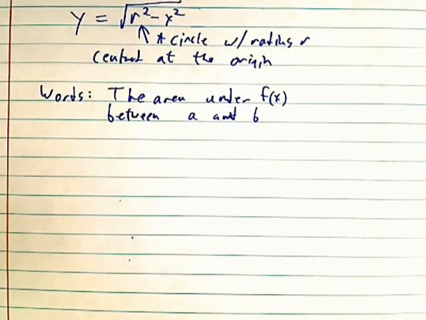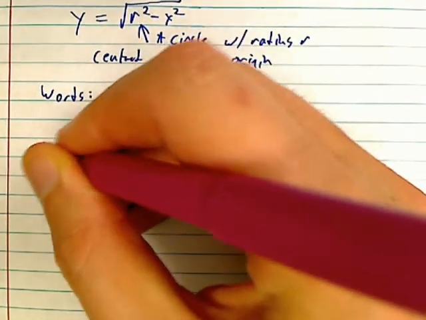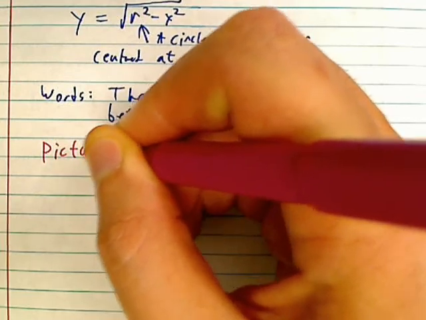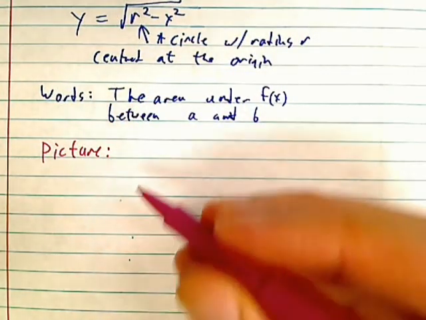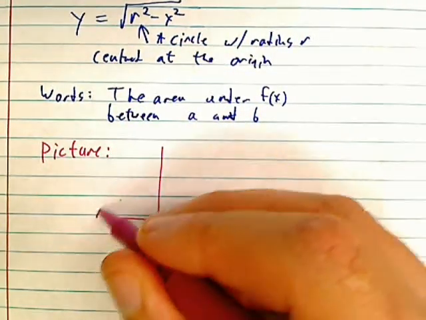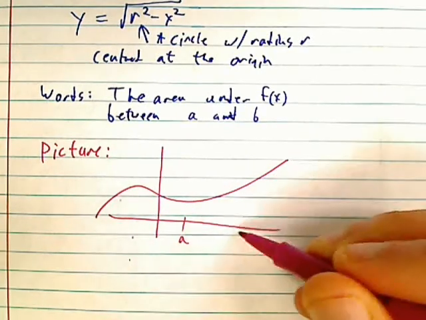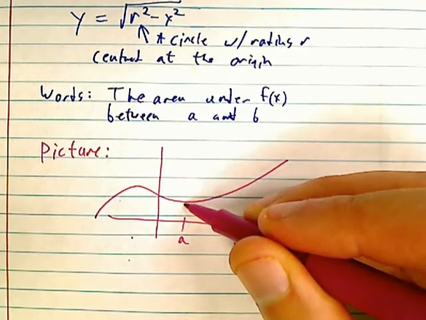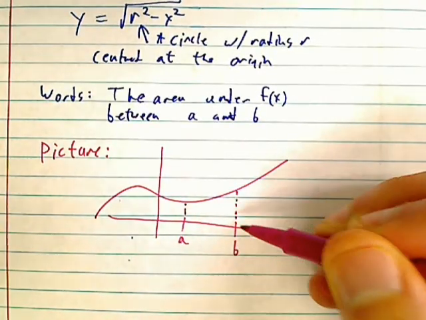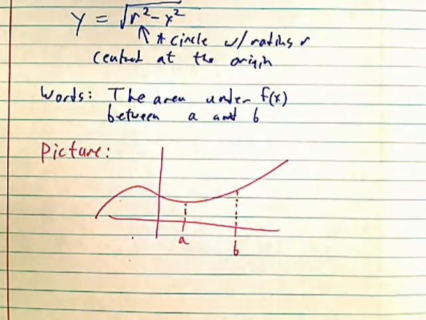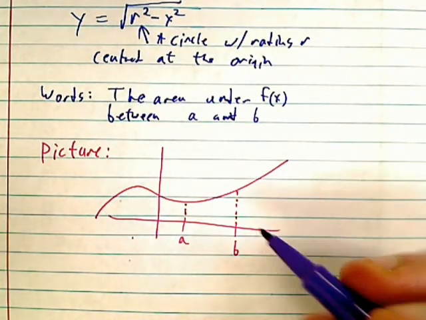Let me do something else. Let me draw a picture of this same thing. A picture might look like this. We have a graph, and there's my line, and there's a, and there's b. Well, that is this area right here.